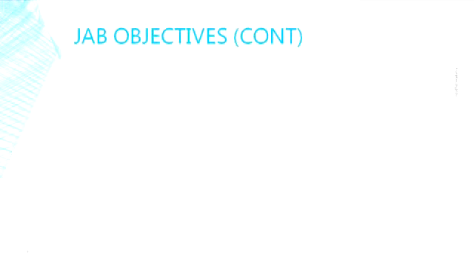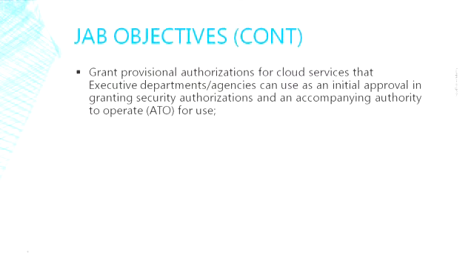Continuing with the objectives, the Joint Authorization Board will grant provisional authorizations for cloud services that executive departments, agencies, and other government organizations can use as an initial approval in granting security authorizations and the accompanying authority to operate.